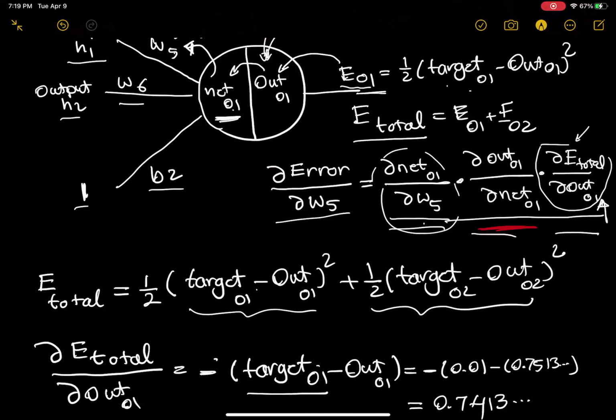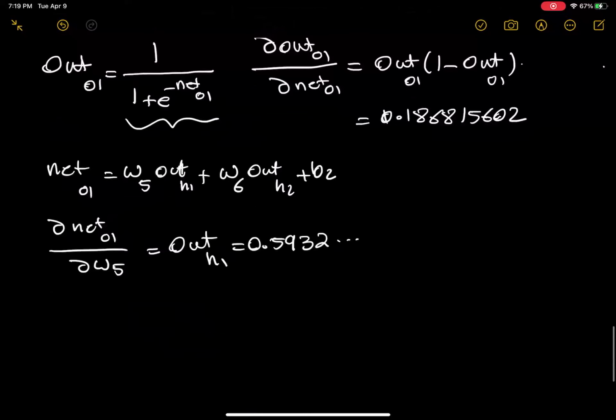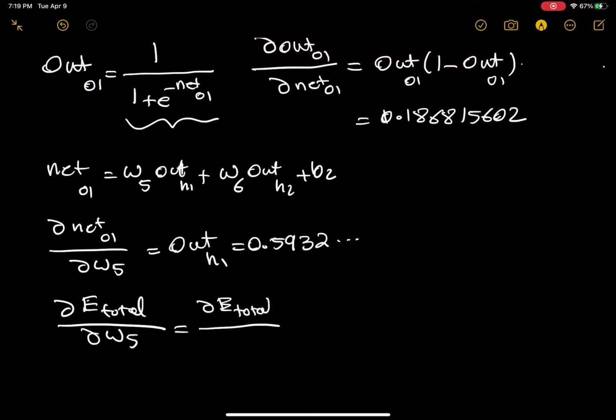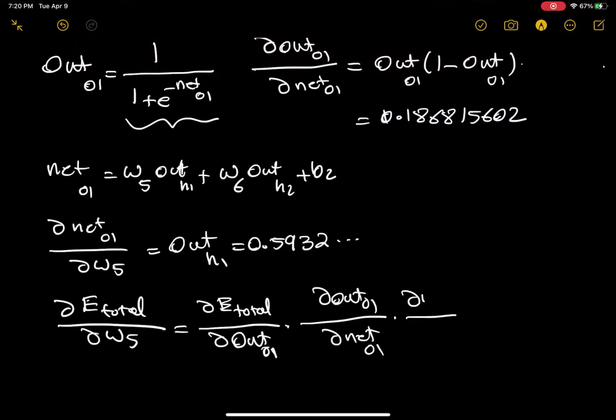Now, in order to find the derivative, I have to multiply all those values. So if you want to take a note, you can. Just for fun, I'm going to write it one more time. The derivative of E total with respect to W5 is equal to the derivative of E total with respect to out of O1, multiplied by the derivative of out of O1 with respect to net of O1, multiplied by the derivative of net of O1 with respect to W5.